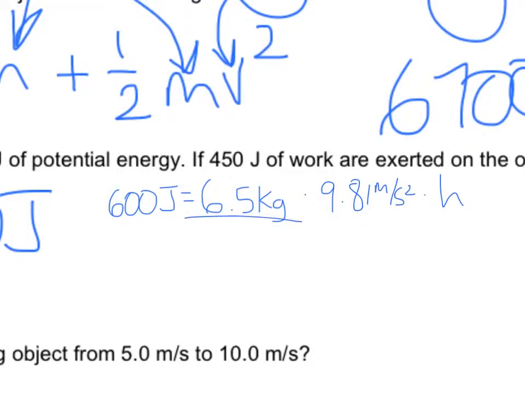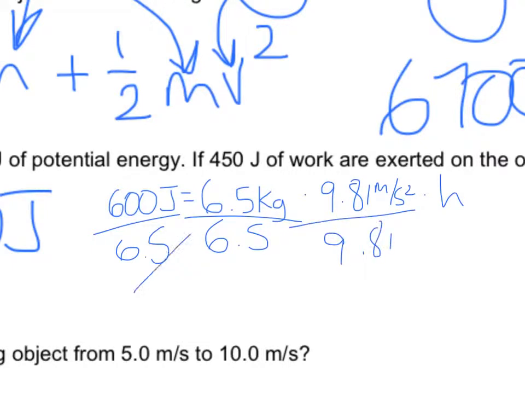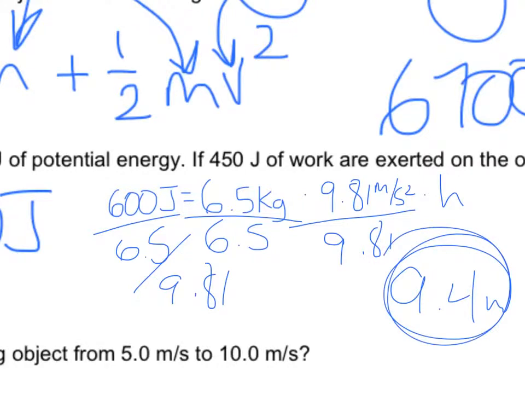So we solve by dividing by 6.5, divide by 9.81, and when you've done all that, you should get a height of 9.4 meters total when you're done.